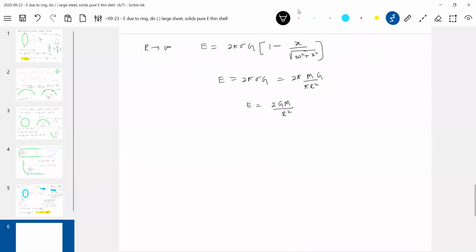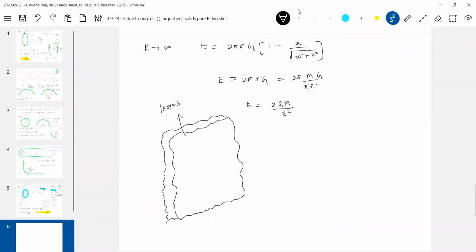It's like an infinitely large sheet. Okay, this is a large sheet.